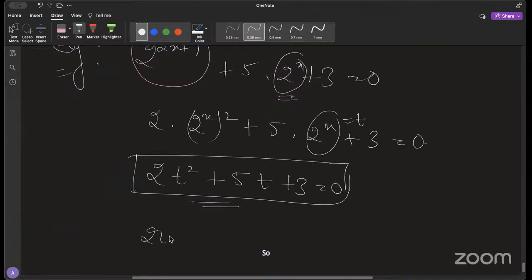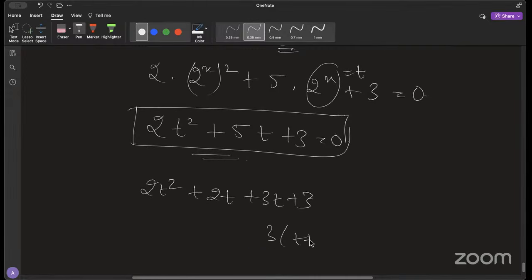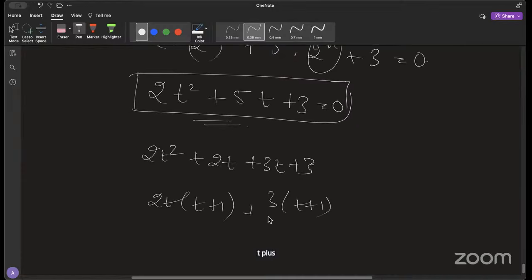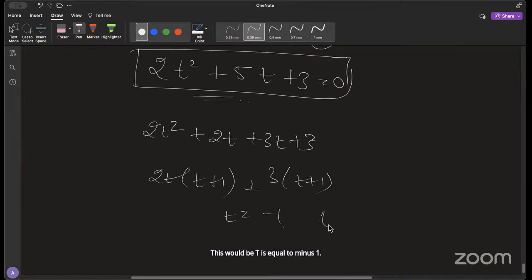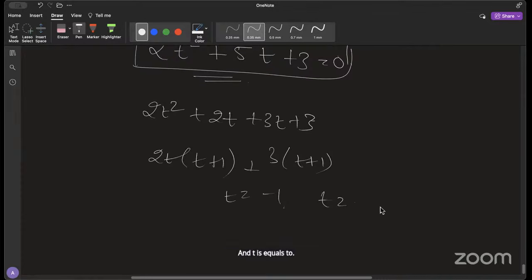So you'll have 2t square. By factorization method, you can have this. This will be 3t plus 1, and here you'll have 2t, t plus 1. This will be t is equals to minus 1, and t is equals to minus 3 by 2, right? So these two will be the solution.